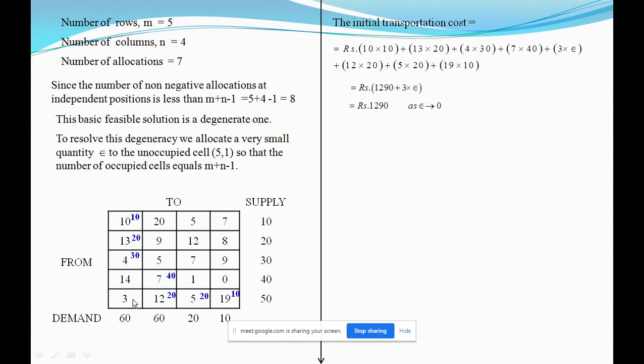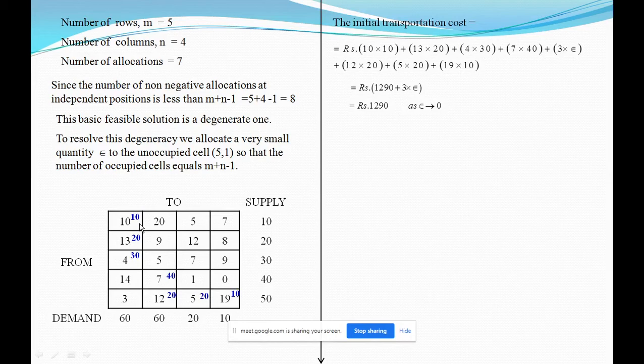For our convenience, we have taken 5 comma 1 because when we resolve this problem into a most allocated cell, in this row I have 3 allocated cells, in this column I have 3 allocated cells. If I consider the first row, how many allocated cells?